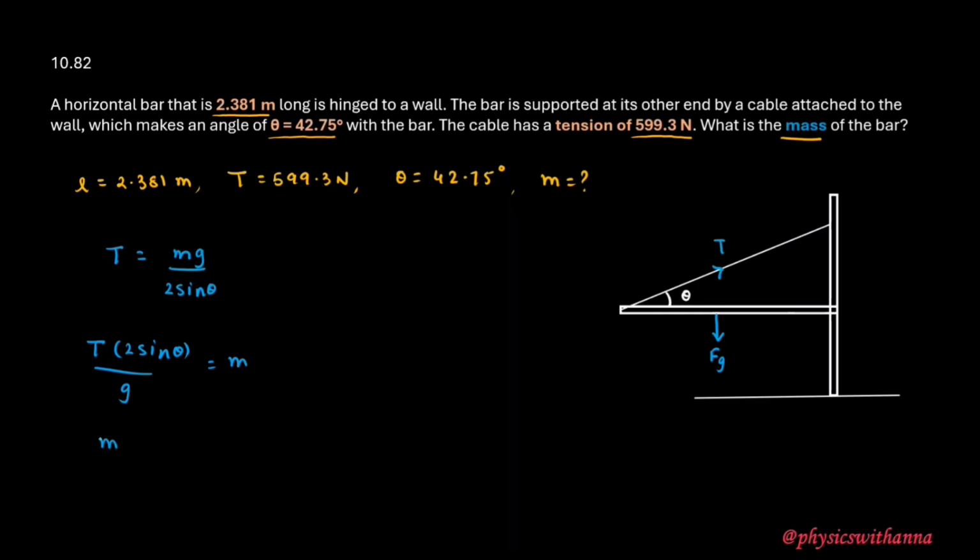Now substitute: mass m will be equal to tension 599.3 into 2 into sine of the angle 42.75 over g, which is 9.81. That gives you the mass to be equal to 82.94 kilogram.